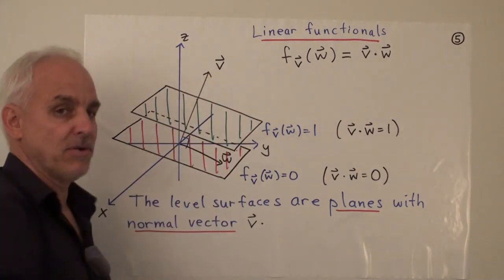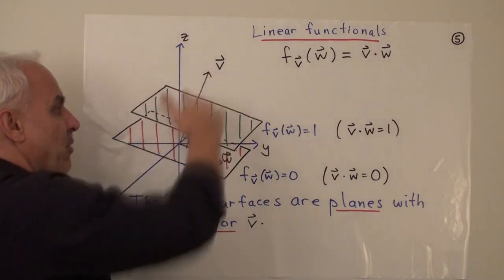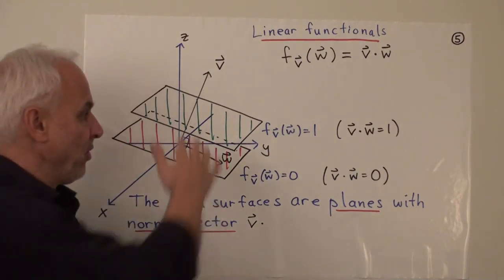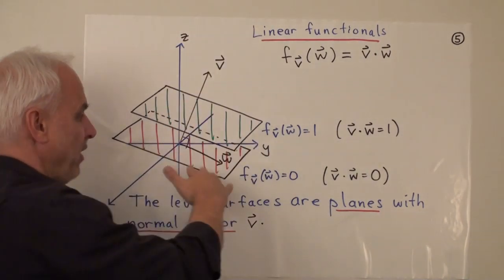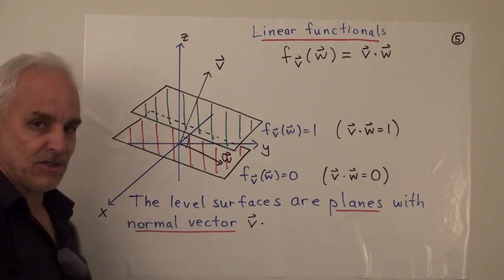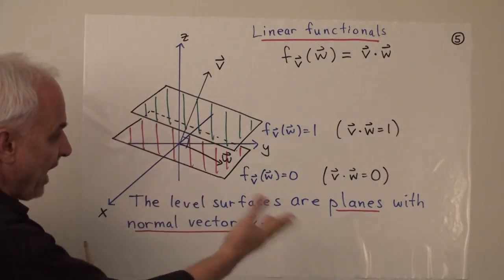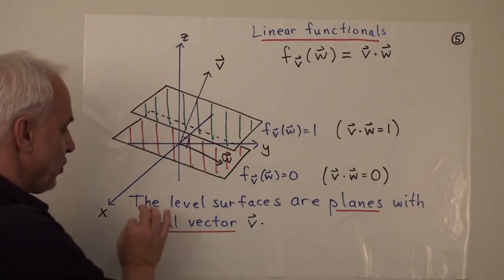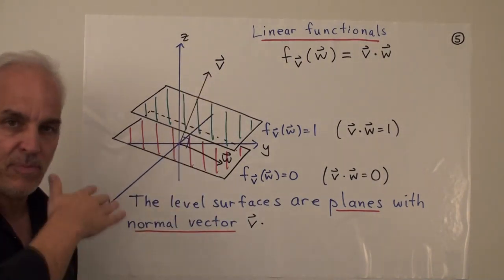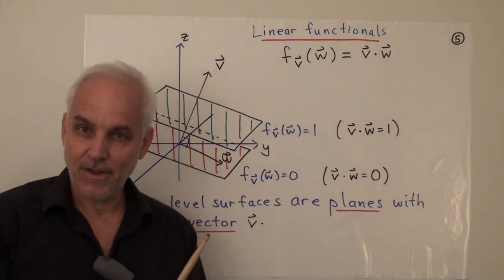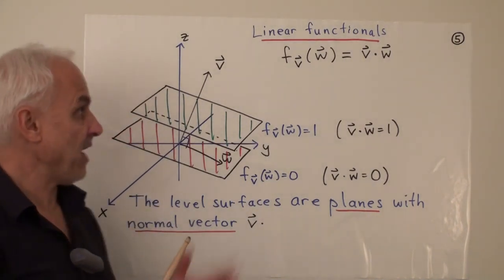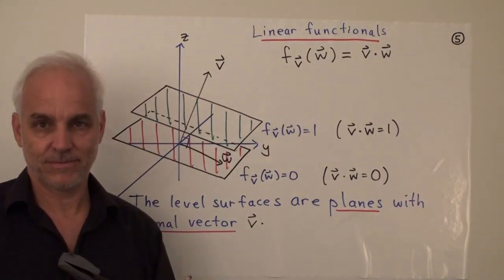If we go an equal amount in the same direction, we get to where the function has value 2, and then 3, and then 4. If we go in this direction, it's -1, -2, and so on. So the level surfaces are planes, and they all have this normal vector v. Each of the planes is perpendicular to this vector v that defines the functional.